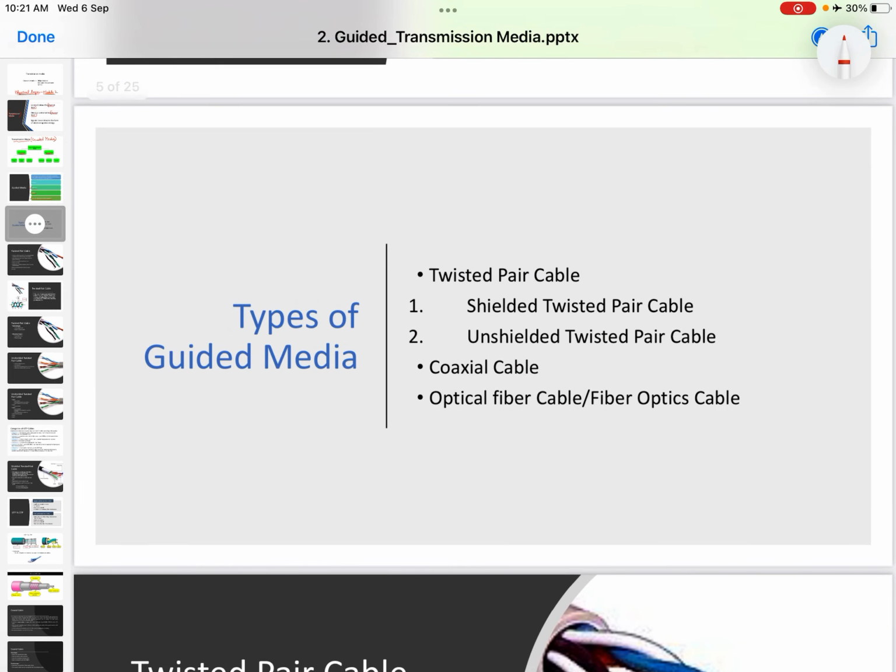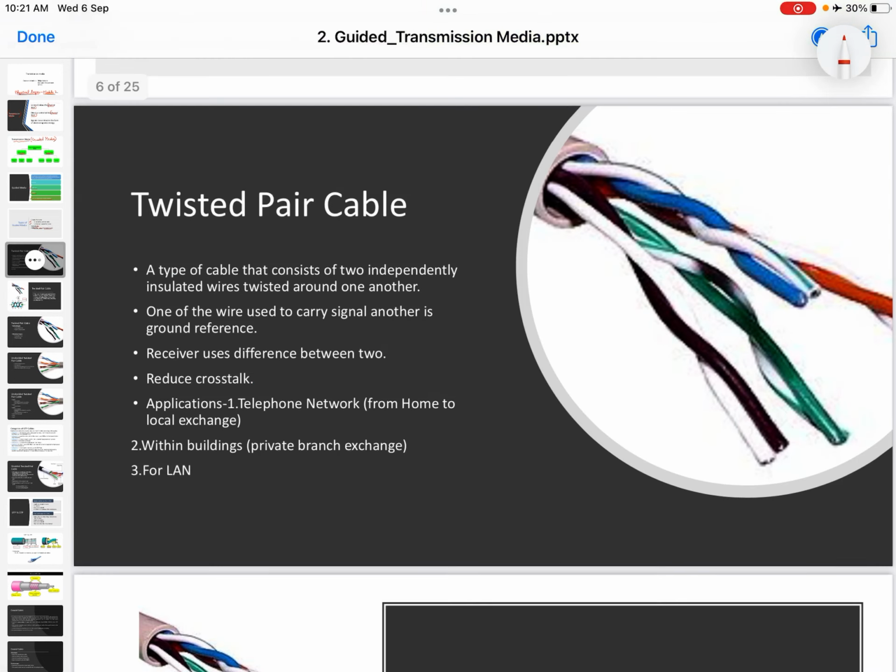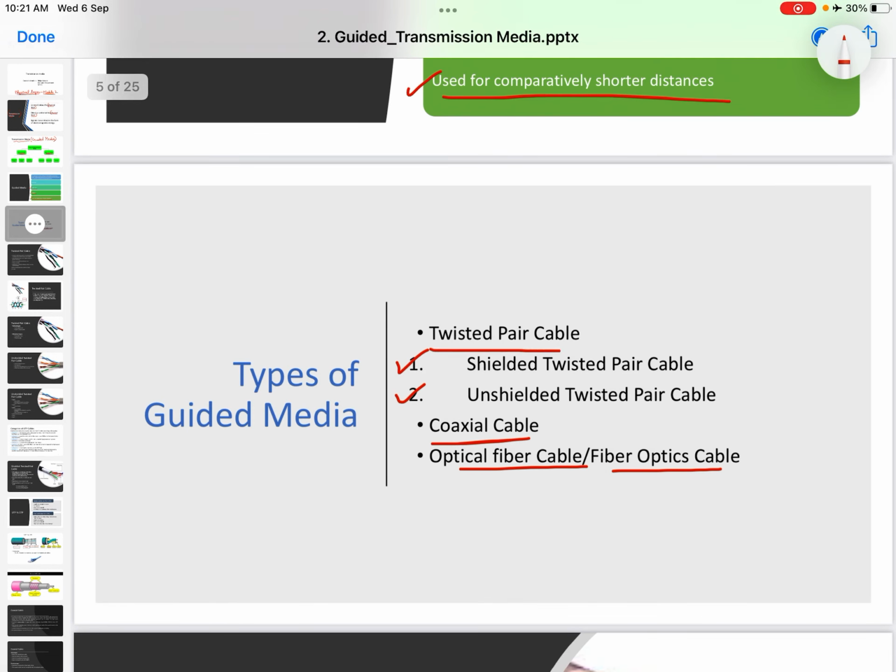Types of guided media: twisted pair cables, shielded twisted pair cables and unshielded twisted pair cables, coaxial cables, and optical fiber cables or fiber optic cables. In twisted pair you have shielded and unshielded. Shielded is STP and unshielded is UTP.